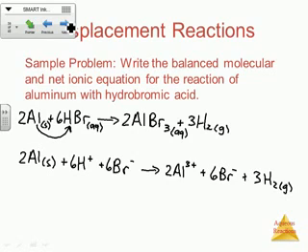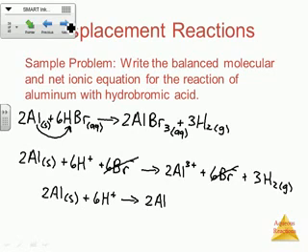Then we just cross out things that don't take part in the reaction, and that's the bromine here. So we end up with 2Al solid plus 6H plus going to 2Al 3 plus plus 3H2 gas. And there's our net ionic equation for that one.